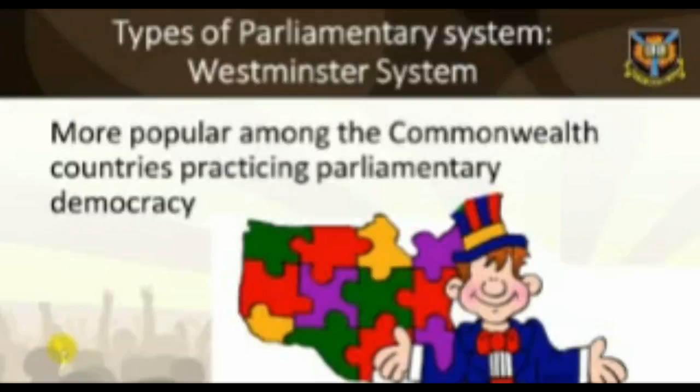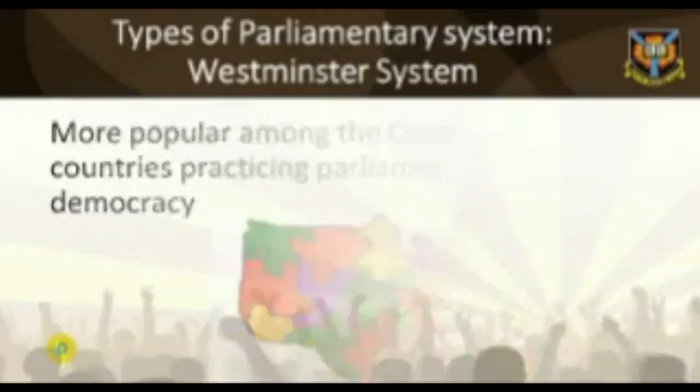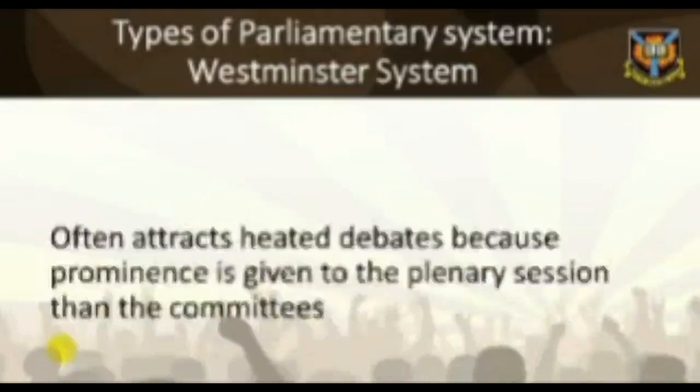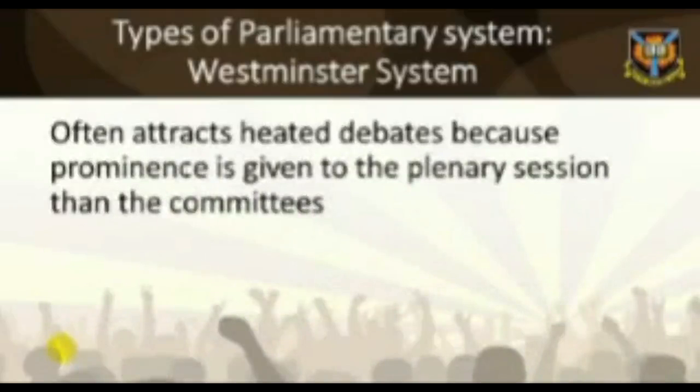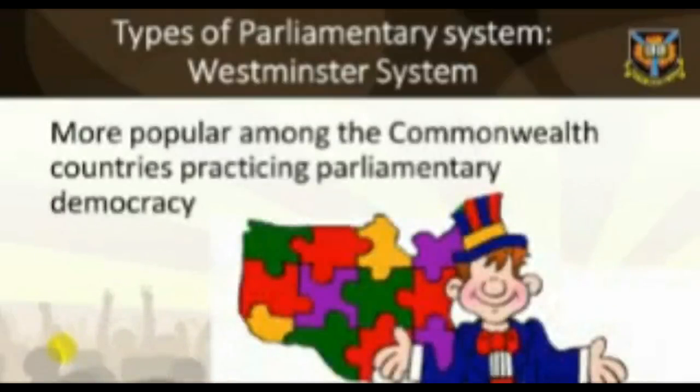Types of parliamentary system. 1. Westminster system. This form of parliamentary system is more popular among the Commonwealth countries practicing parliamentary democracy. It is a parliamentary model that often attracts heated debates because prominence is given to the plenary session rather than the committees.